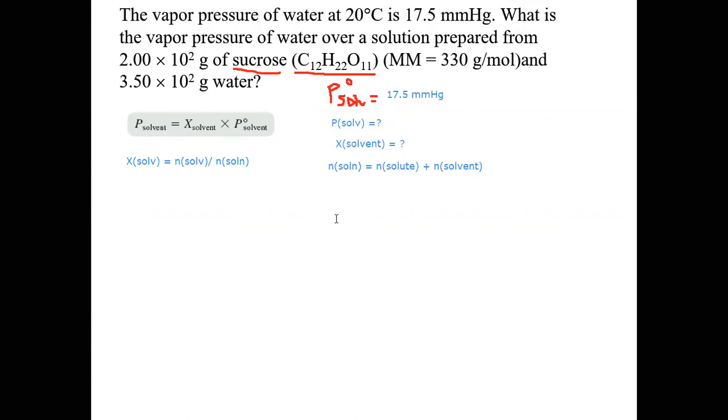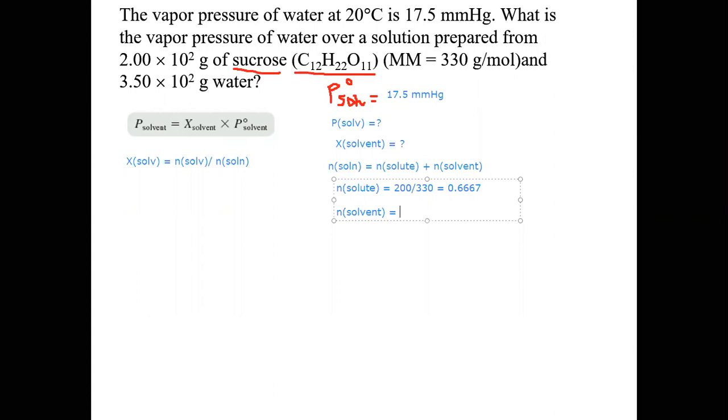So now in order to calculate the mole fraction of solvent, we need to know the moles of solute and the moles of solvent. So it gives us the molar mass of the solute. So now we have the moles of solute. Now we can find the moles of solvent.